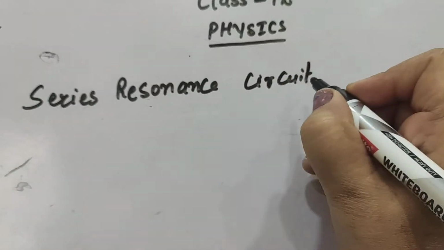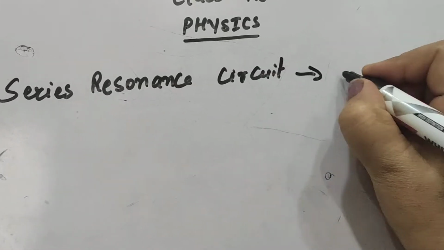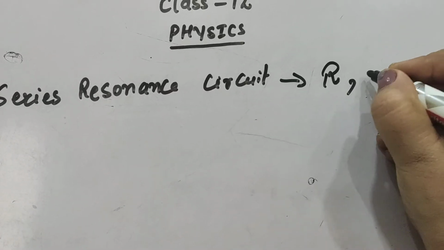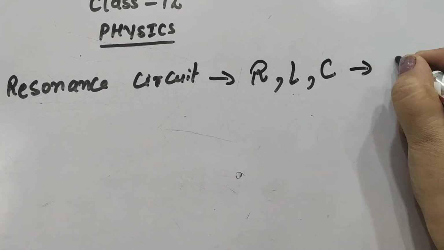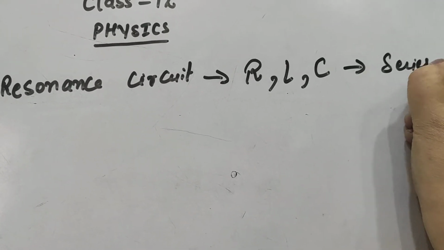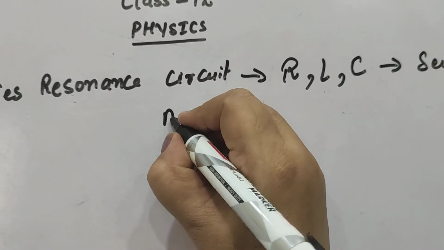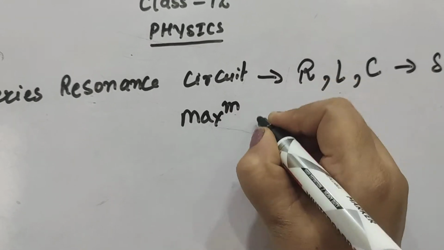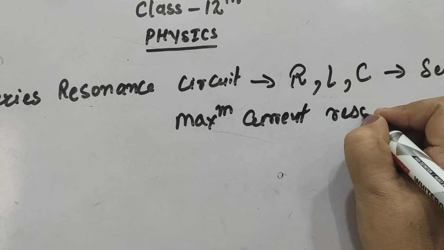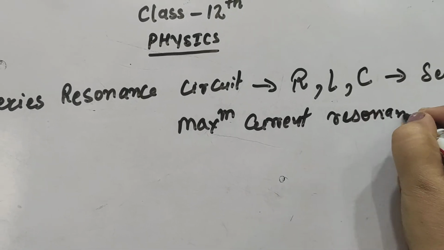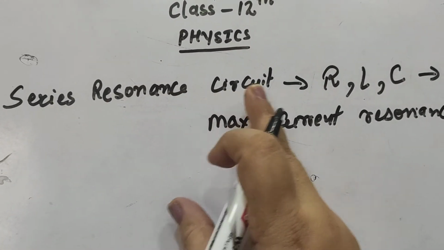A series resonance circuit is a circuit in which resistance R, inductor L and capacitor C are connected in series, and the circuit admits maximum current at resonance.